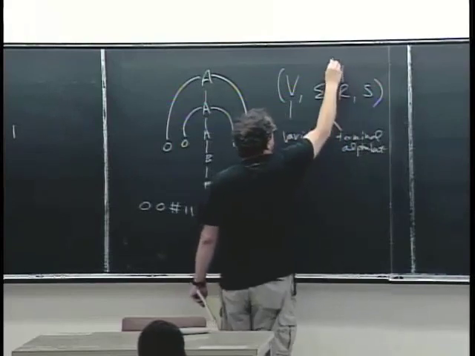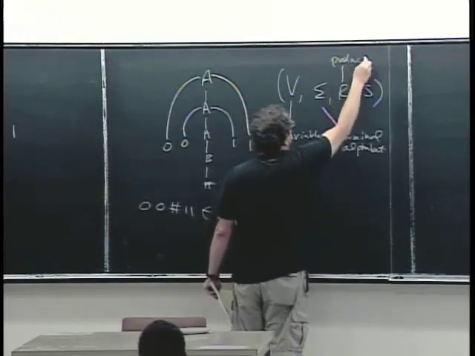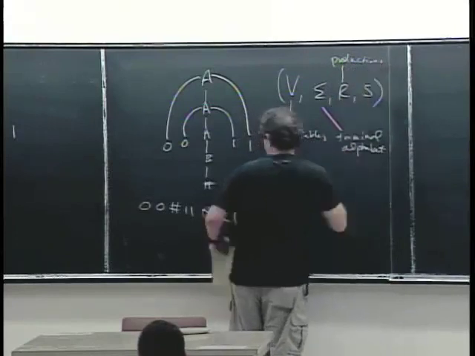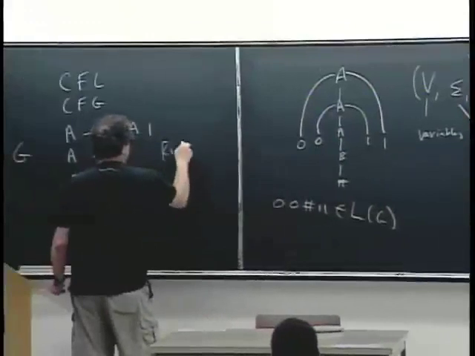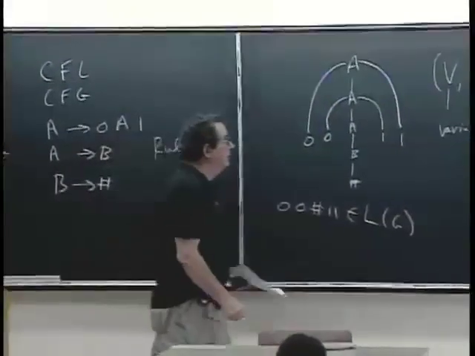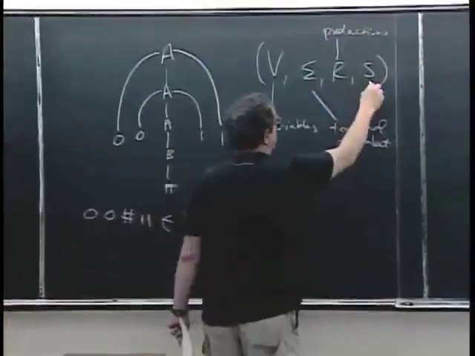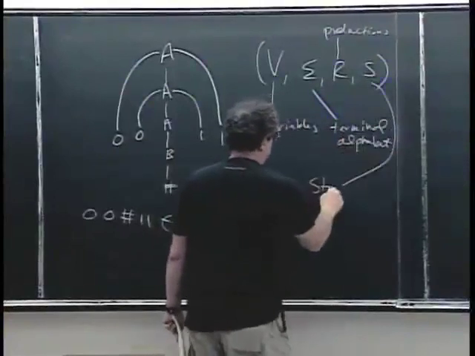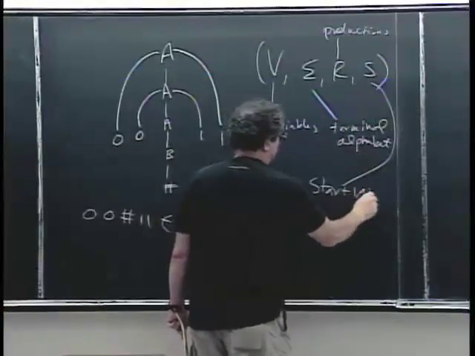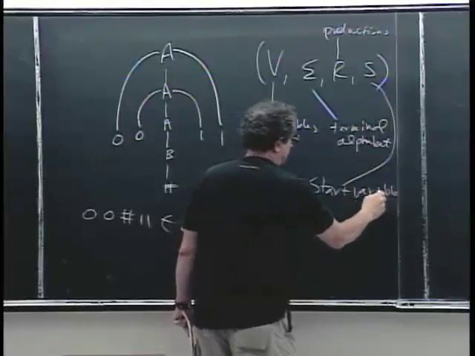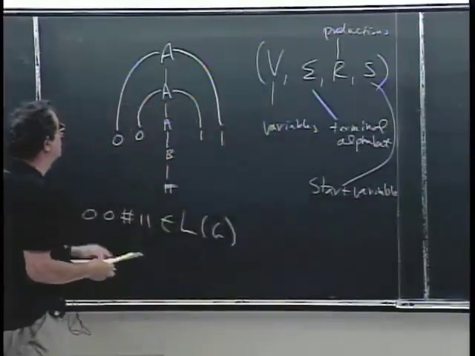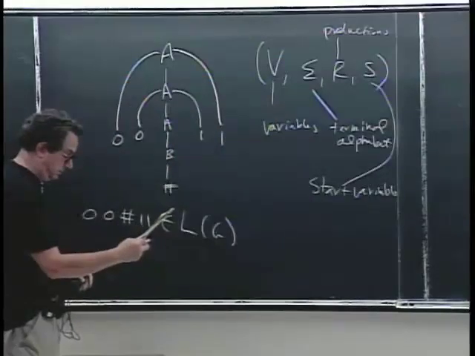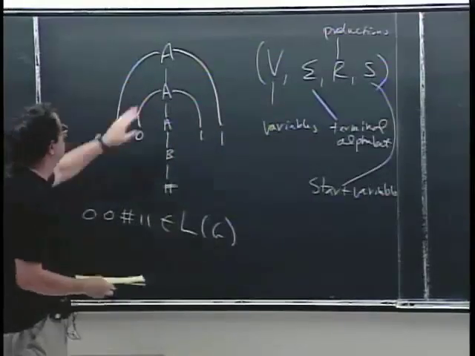These are the productions, or the rules. This is an example of rules. And then S is the start variable.